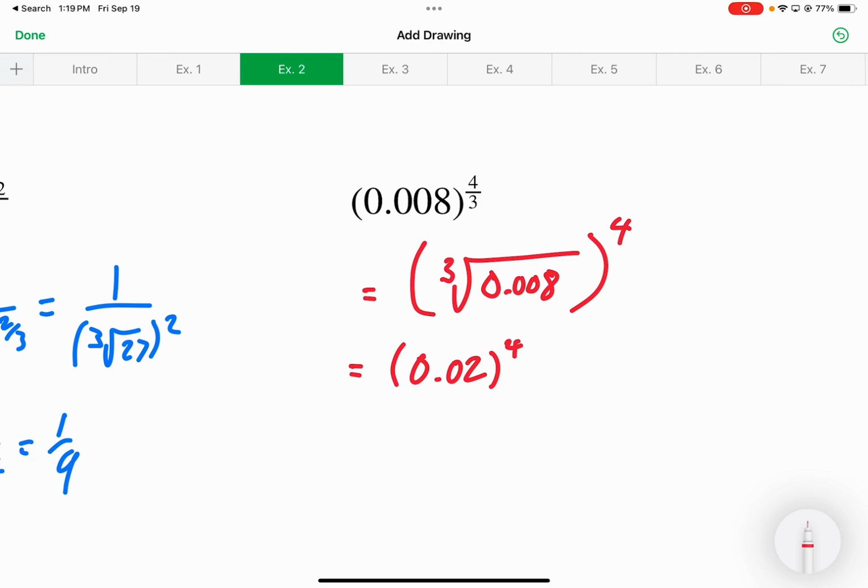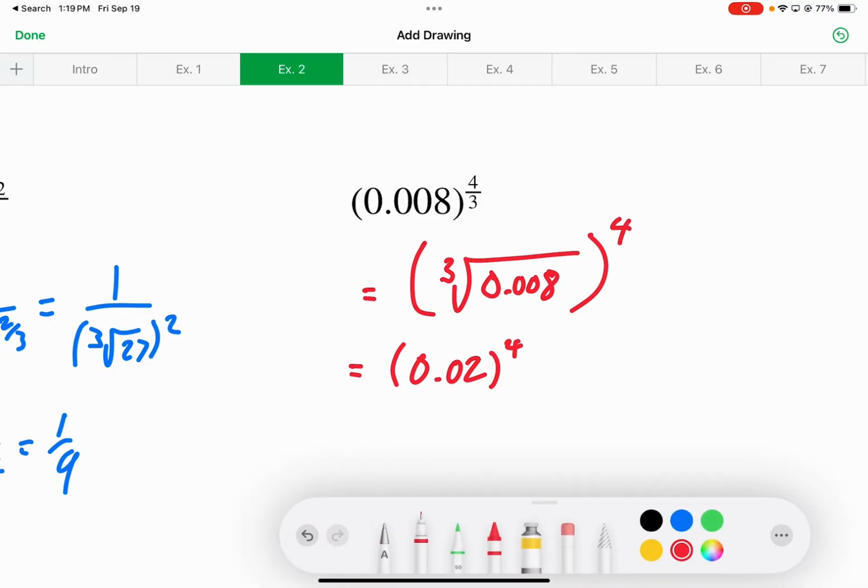Am I doing that right? Is it 0.02 or is it 0.2? Now Isabel has me second guessing myself. It might just be 0.2. Because if I did it in reverse and I do 0.2 times 0.2 times 0.2, I'd be 3 instances behind the decimal. So Isabel, you're right. It is 0.2.